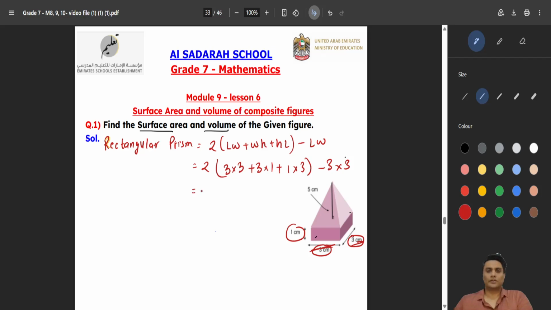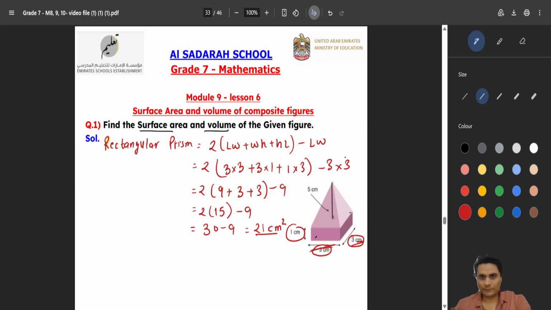So calculate it. 3 times 3 is 9, plus 3 times 1 is 3, plus 1 times 3 is 3, minus 3 times 3 is 9. So 9 and 3 is 12 and 3 is 15. 15 times 2 is 30. 30 minus 9 is 21. So 21 centimeter square. This is for the rectangular prism, okay?